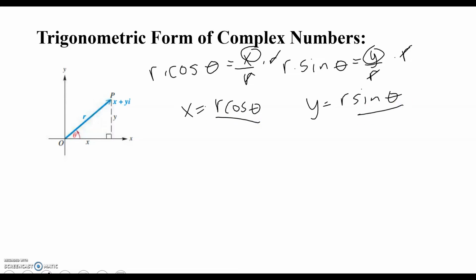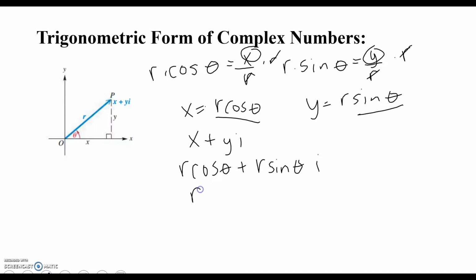So now we have a trigonometric form of the x and the y. Now we want to replace the x and the y in our standard complex number. So x is r cosine of theta, y is r sine of theta, and that's i. All we did was replace the x with r cosine theta and the y with r sine theta.